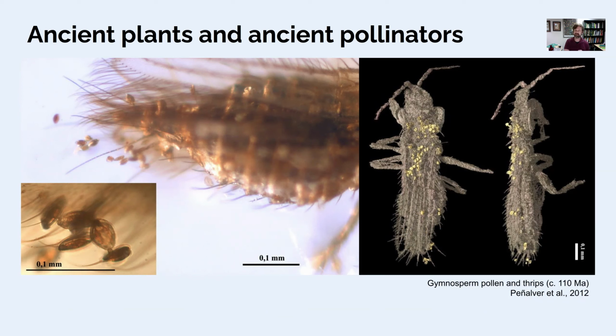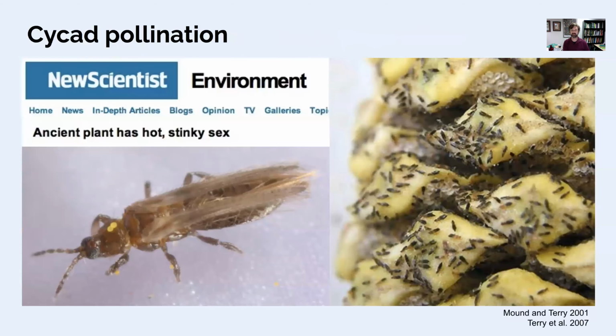So 110 million years ago, there is evidence for this: an organism called a thrips with pollen on it, and not accidental. So pollen on the back of this insect, if it has a behavior to go between male cones and female cones, then that would be enough to bring the pollen from one plant to another and achieve pollination.